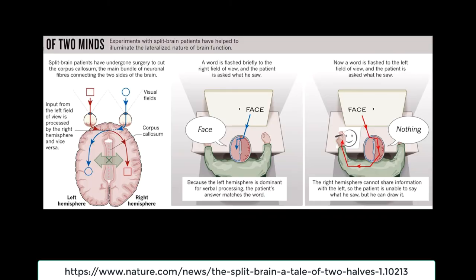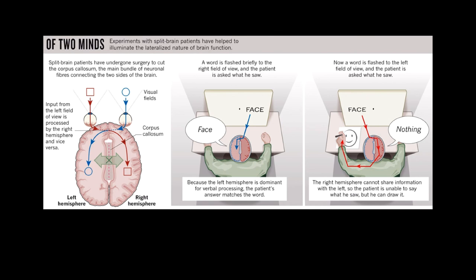So let's summarize how this works. Input from the left field of view is processed by the right hemisphere of the brain, in particular the right visual cortex. Anything on the right side of the world would be processed by the left visual cortex, but because the corpus callosum is cut, the two hemispheres can't share that information.